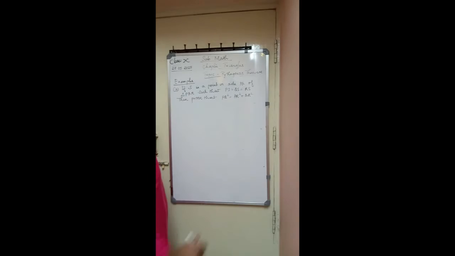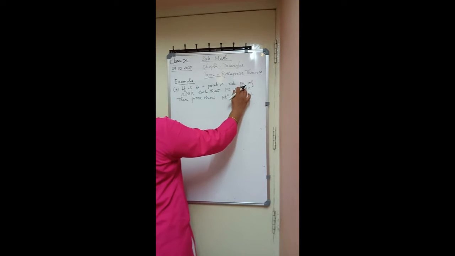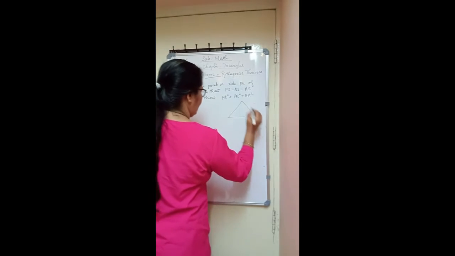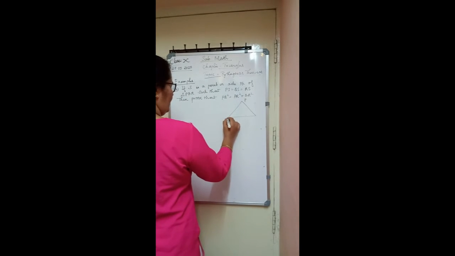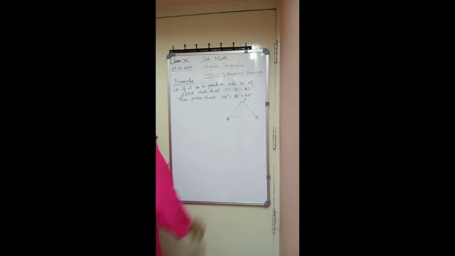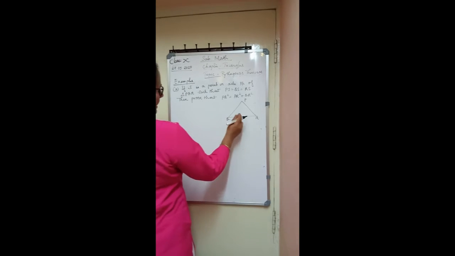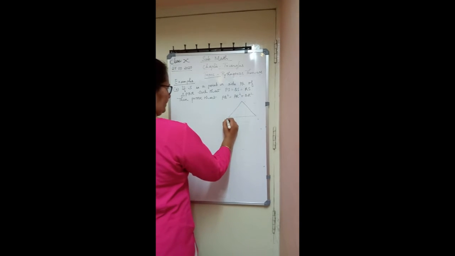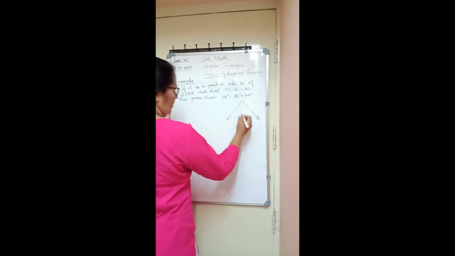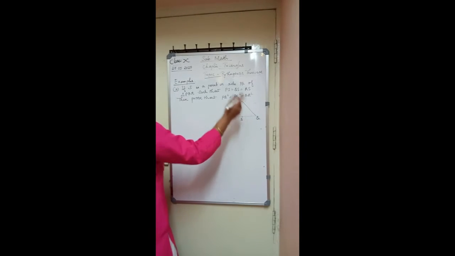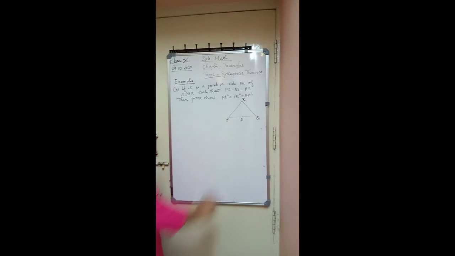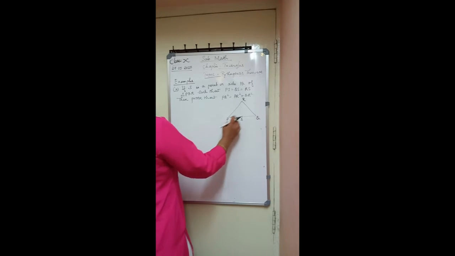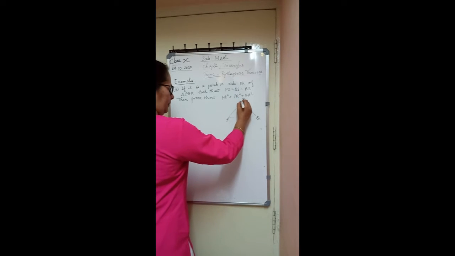Now the question is given here. If S is a point on side PQ of a triangle PQR, so construct triangle PQR. In that, S is a point on the side PQ of triangle PQR.